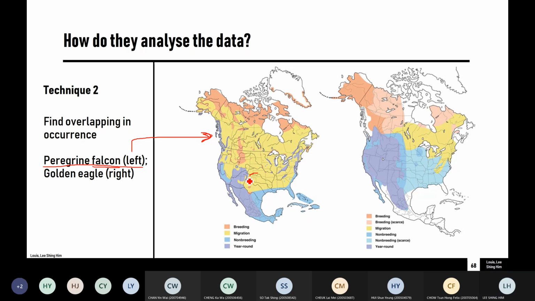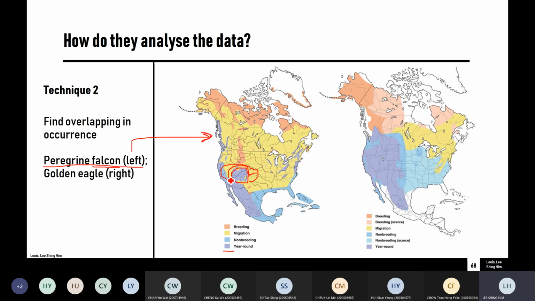But people are seeing this falcon all the year in this purple area. So these areas are so close to each other. And then the researcher will say that because they are so close, there may be some overlapping in the migrant bird and the resident birds.